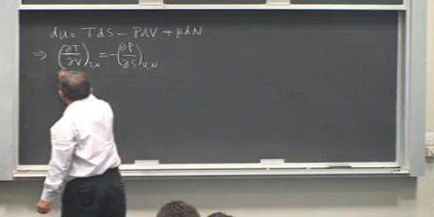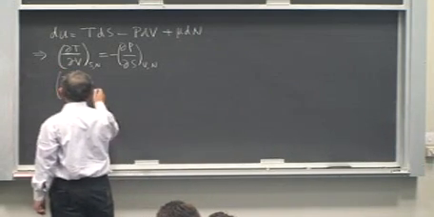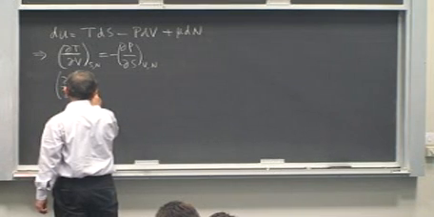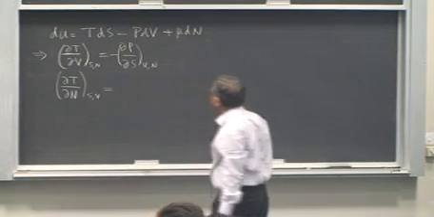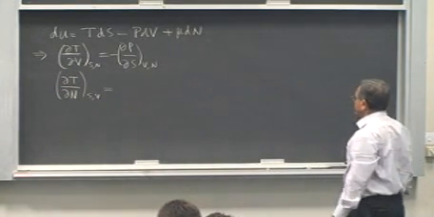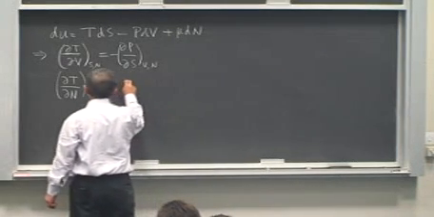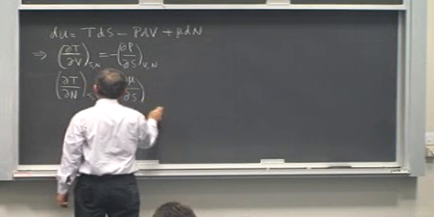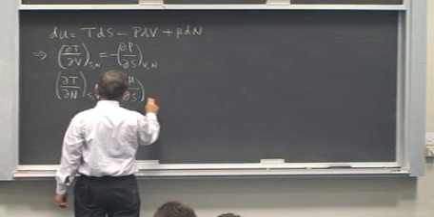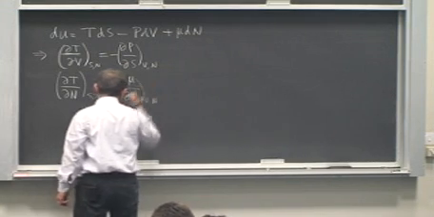I will keep the other variables constant. So I will take s and v constant, and this will be equal to d mu by... I will keep v constant and n constant.